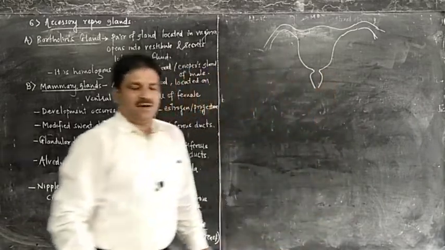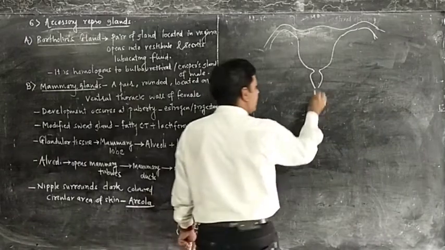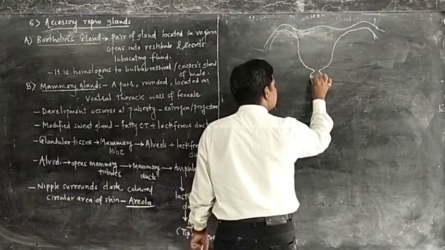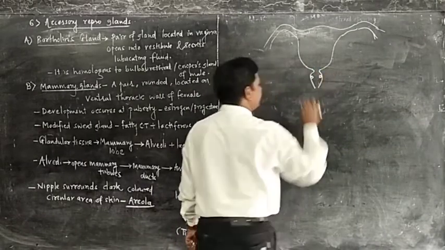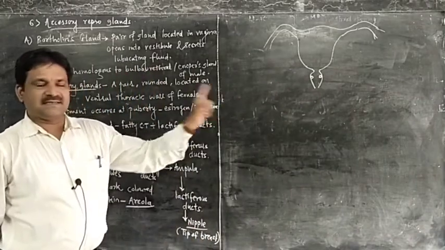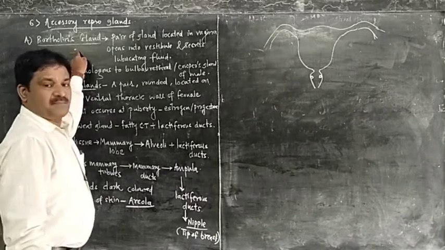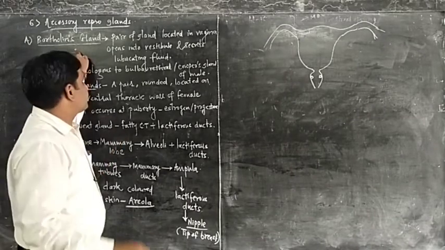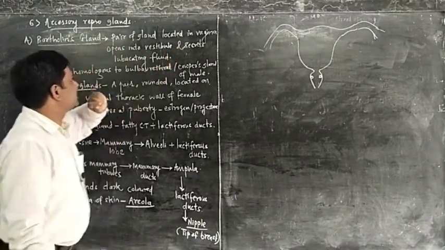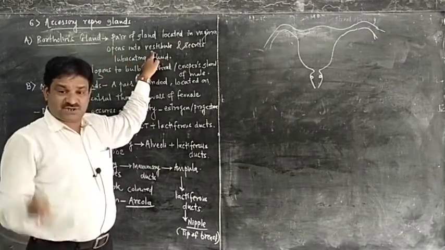On either side of the vagina, these glands are located. These glands are called Bartholin's gland. A pair of glands is located in the vagina and opens into the vestibule.